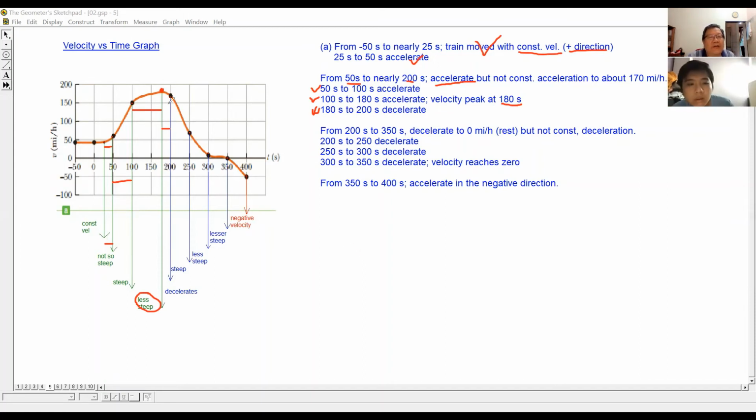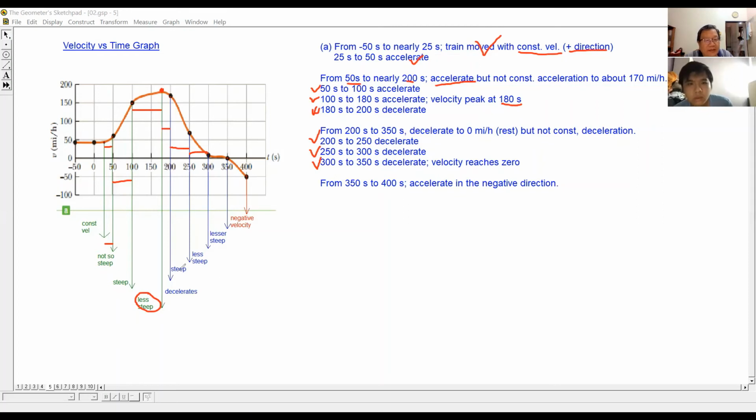From 200 onwards, 200 to 250, 250 to 300, and so on, they keep dropping. So 200 to 250 decelerate, 250 to 300 also decelerate, 300 to 350 also decelerate. They decelerate at different rates.